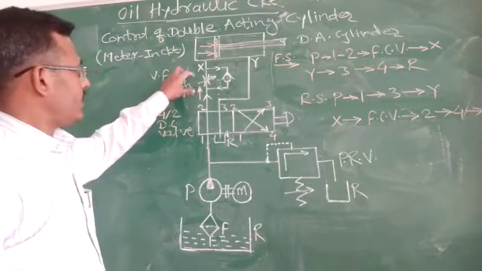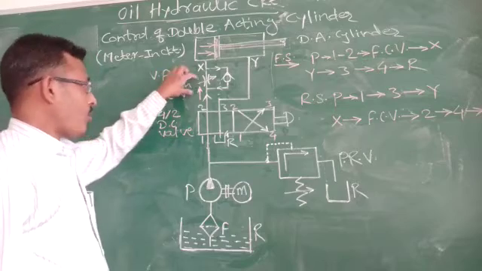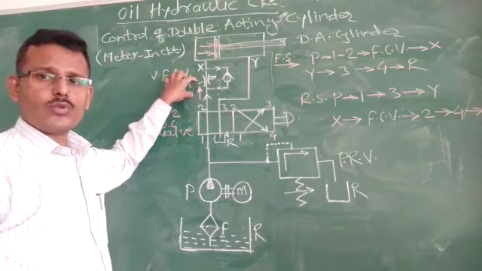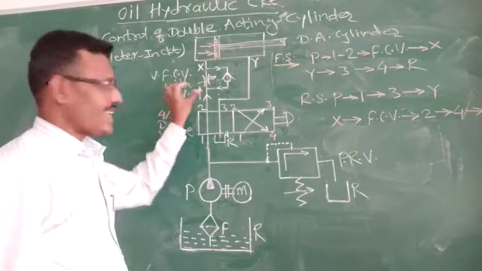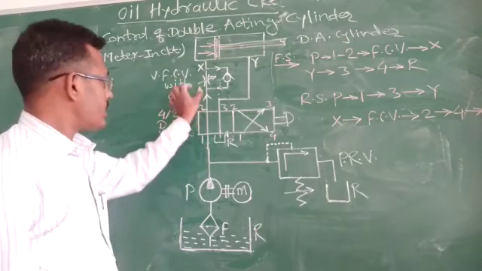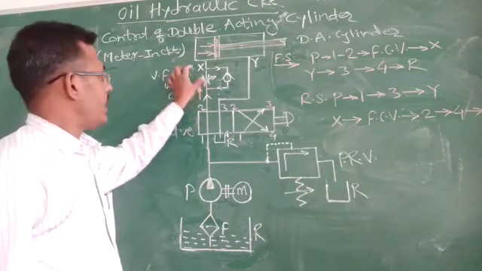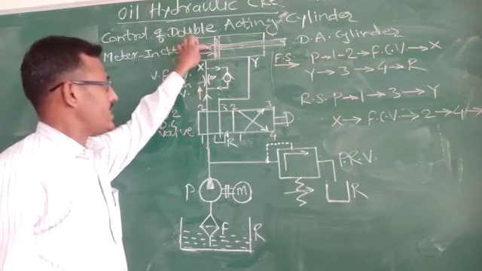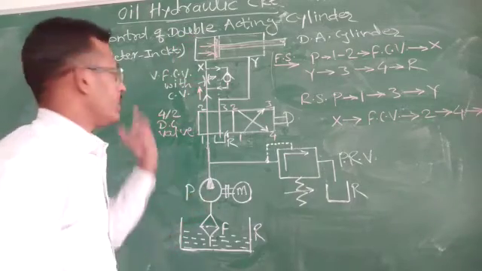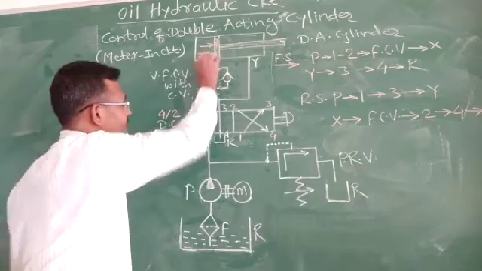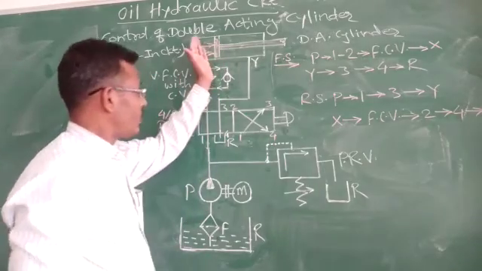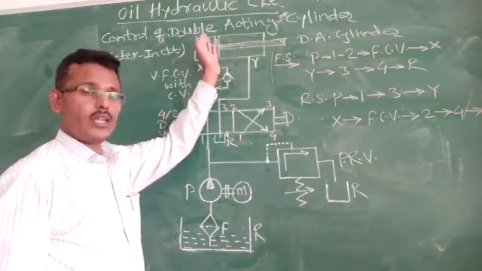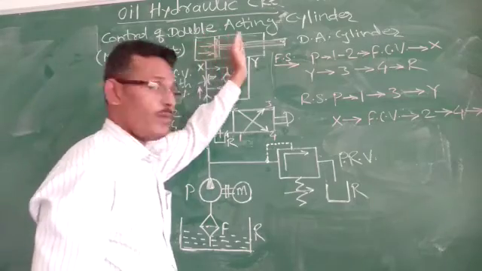If we maintain minimum opening of the flow controller, what will happen? A smaller quantity of oil will pass through this flow controller and less oil is admitted inside the actuator. That oil will exert less pressure, so that this piston will be moved with the piston rod in the forward direction with the minimum speed.